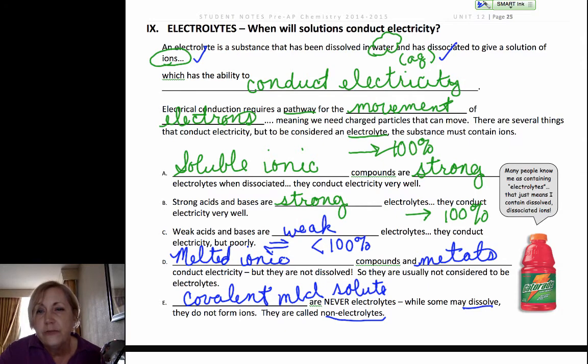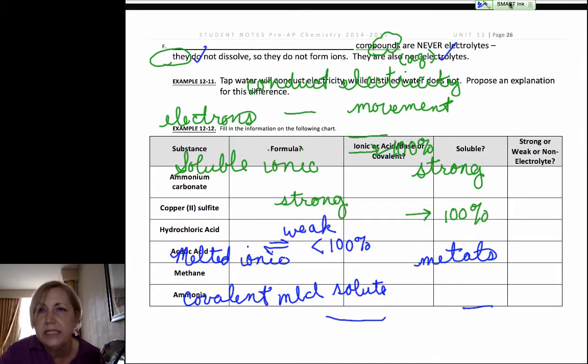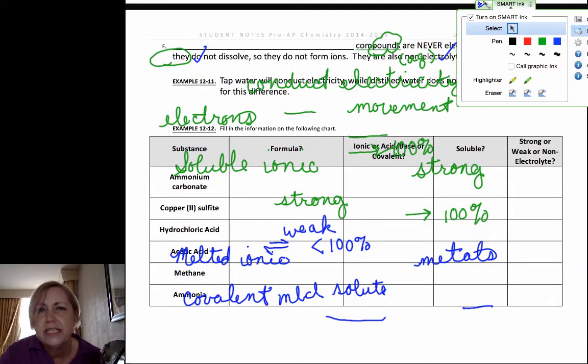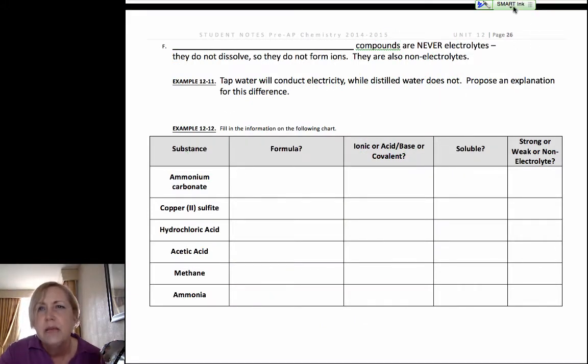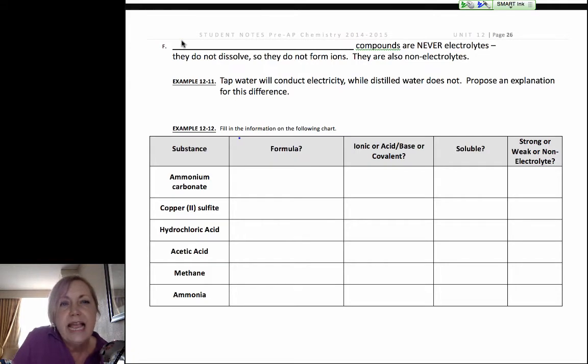Now, if we have ionic compounds, there's one last class. You won't deal with these at all until, well, maybe a little bit at the end of the year we do a couple. But by and large, we're not going to talk about this as much until you have that opportunity to take AP chemistry with me. If we have insoluble ionics, I'm going to be honest, they do dissolve a little bit. And in fact, this is not really correct.